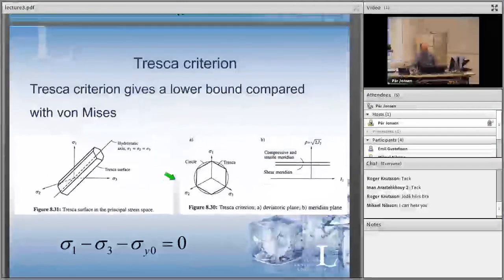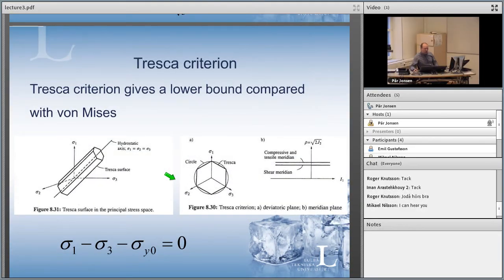Tresca is another interesting model that in some cases actually is better than von Mises, even if it is an old model. Here, instead of having a circular cylinder, you have edges like this. And if you look at it on this deviatoric plane, the pi plane, you have something like this. This is a comparison also with von Mises, where you have a circle.